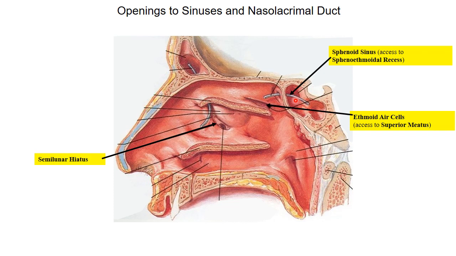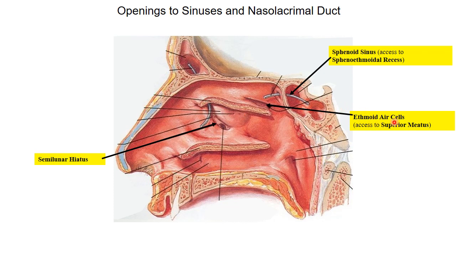Now, there are ethmoid air cells also that are directly lateral to this wall right here. Ethmoid air cells would be right behind this wall, just lateral to this. And there are actually three different kinds: posterior, middle, and anterior ethmoid air cells. Consequently, we're going to have three different openings. I don't really care that you distinguish between the different kinds of ethmoid air cells. I just want you to understand why there are three different openings, because there are three different kinds.